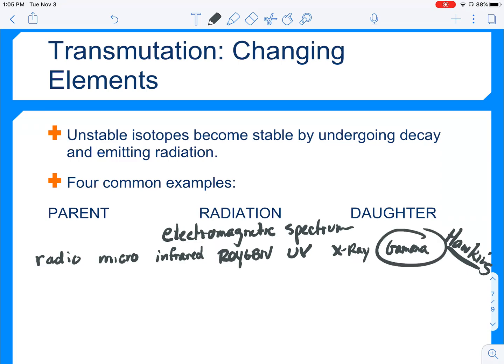But really we want to look at gamma. Gamma is an extremely dangerous but extremely important part of many high energy nuclear changes.